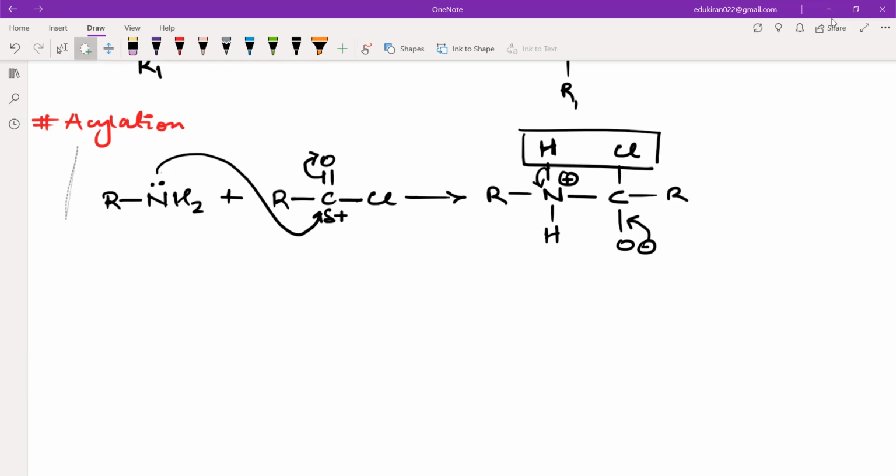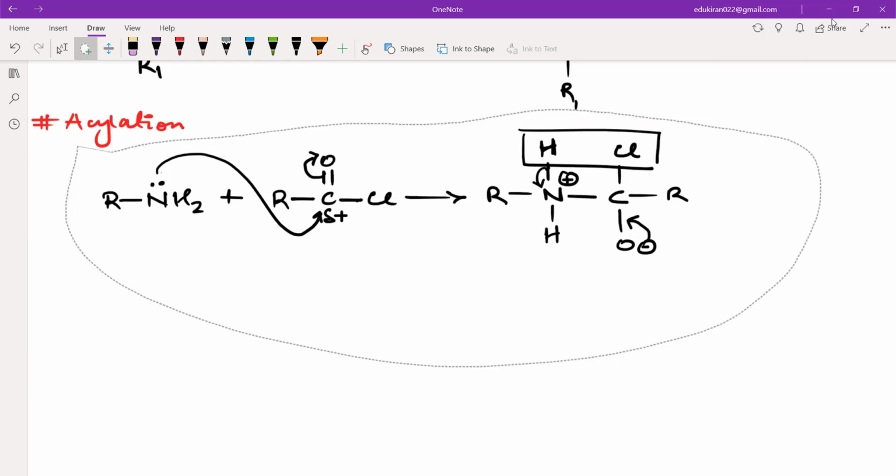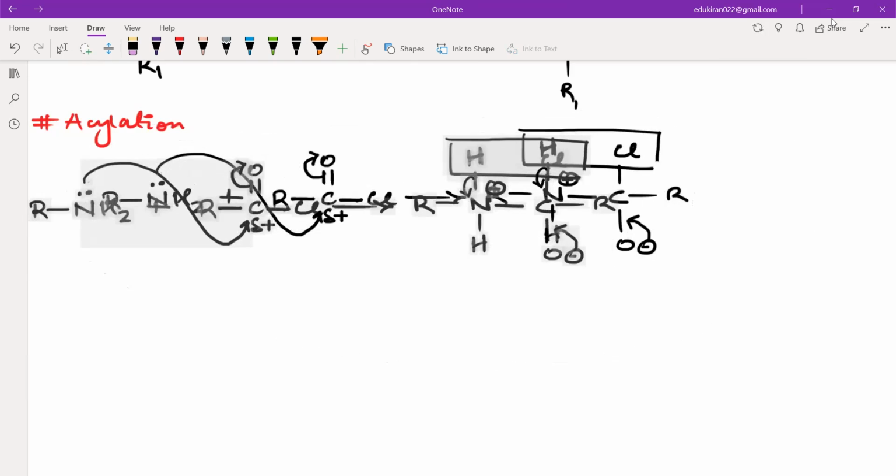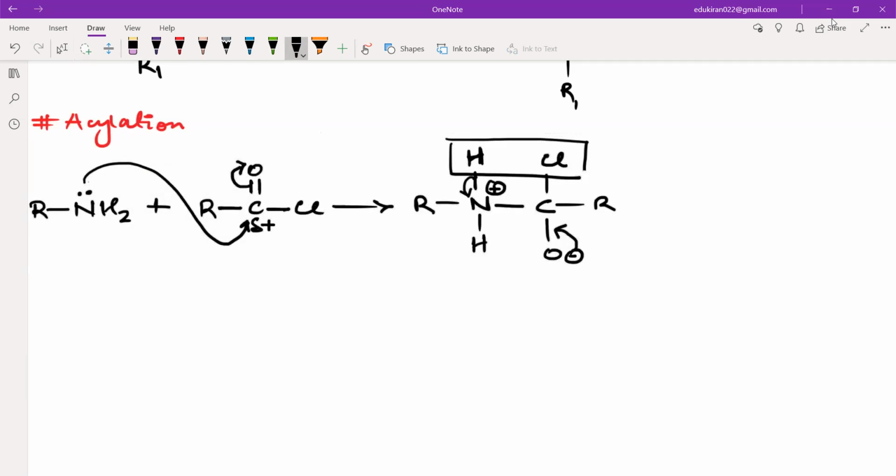So basically what you are going to get is, make some space, you have R, there is NH, then you have carbon, which has an R group here, and there is a double bond O. Can you see that? Yes or no? Please tell me. Yes, sir.